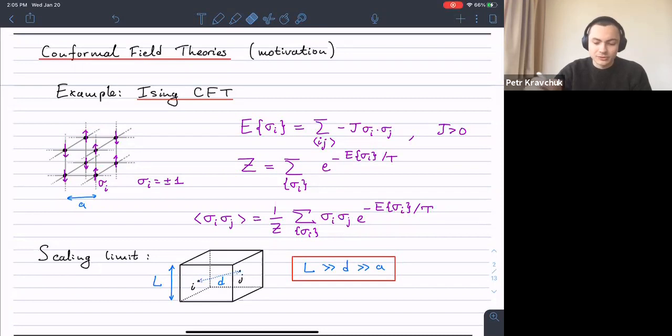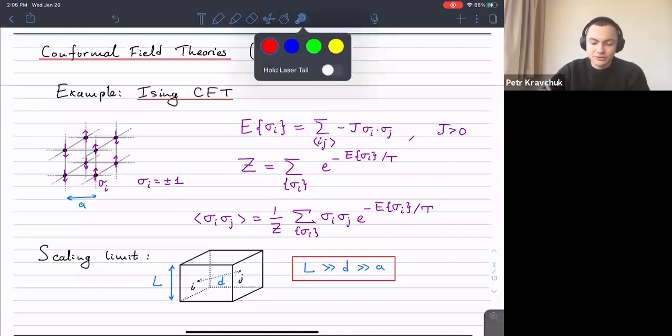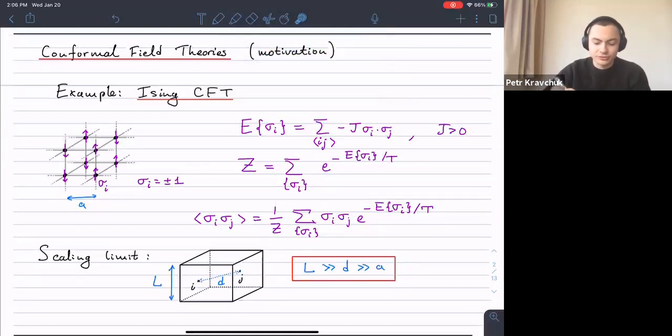We denote the spin sigma_i, and it takes values plus or minus 1. We also denote the lattice spacing by a. Given some configuration of the spins, we assign this configuration an energy E(sigma_i), which is given by a sum over neighboring spins of minus J sigma_i sigma_j, where J is some positive coupling constant.